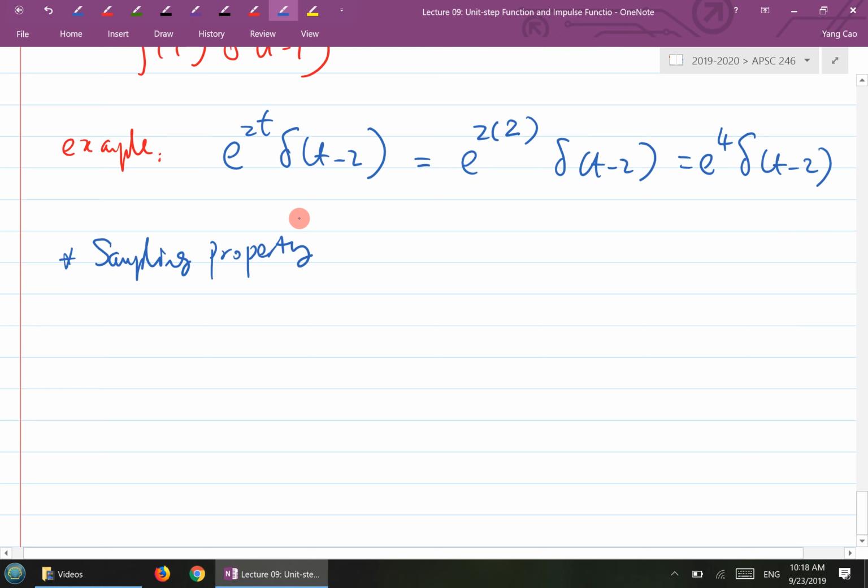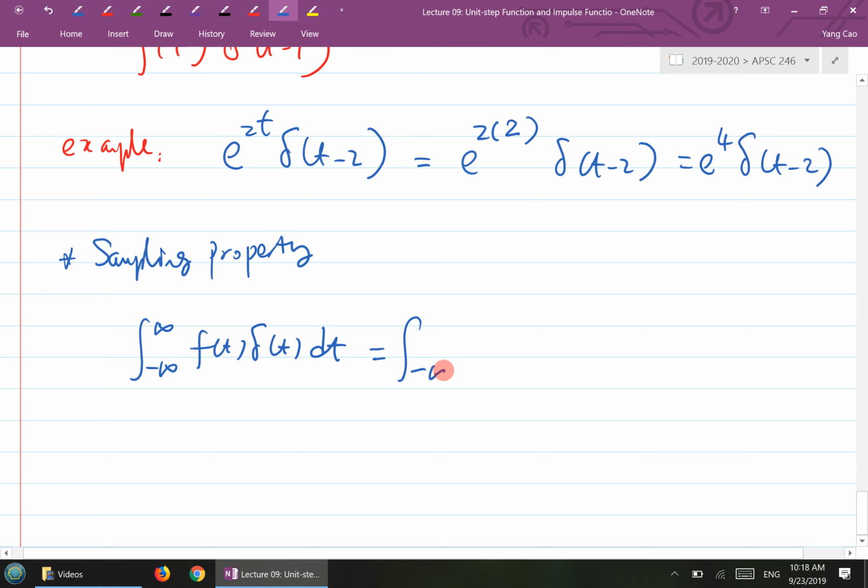The sampling property is stated like this. This time we are going to integrate any function times delta t. So integrate f of t times delta t.